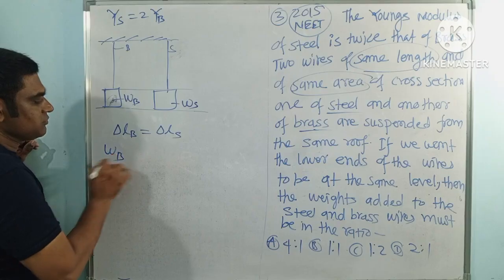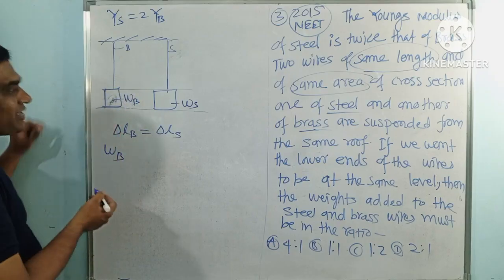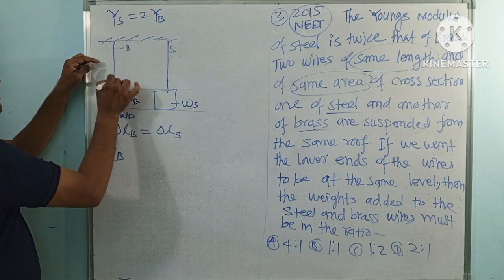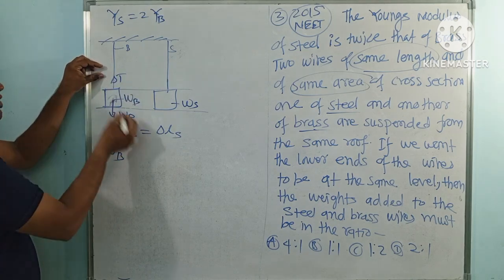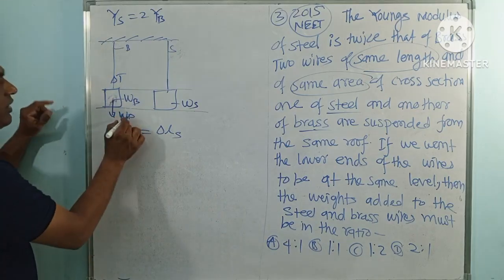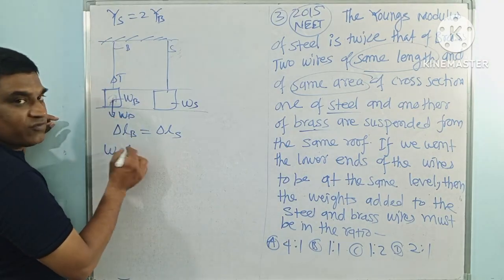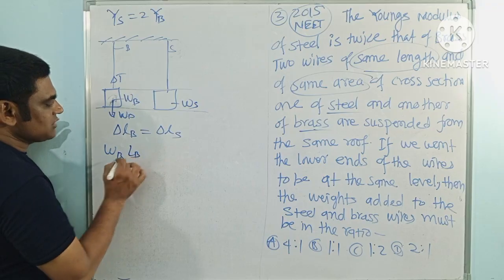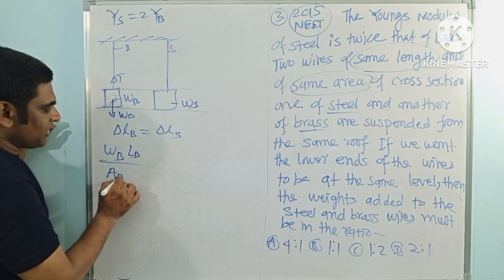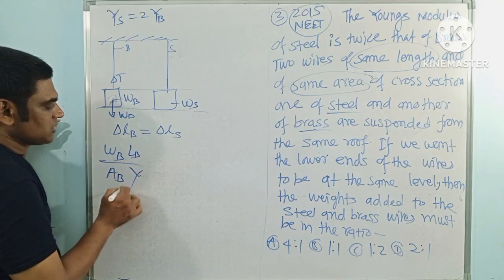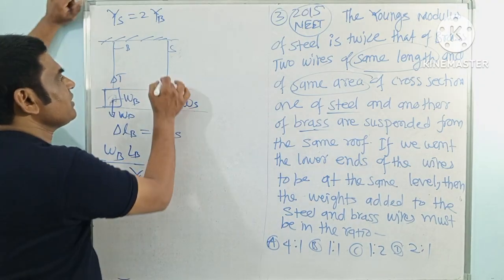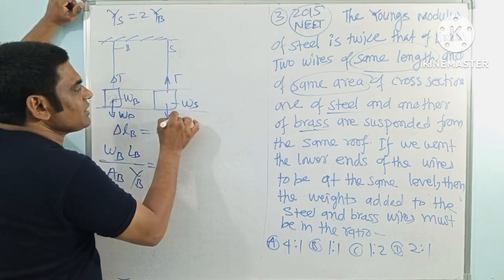WB. Force is basically tension, but tension is equal to the same load, na? So this W will act here and tension will be here. So tension is equal to what? Force on this will be tension. So WB into length of brass, LB, by A, cross section area of the brass, into Young's modulus of the brass, is equal to weight, same here, tension here, this WS here.